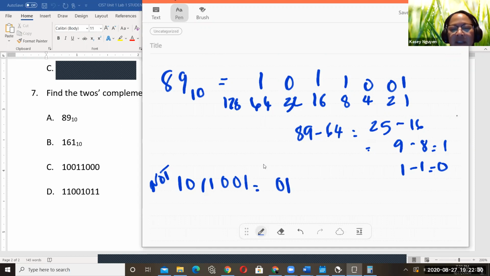So when it's off, it's going to turn it on. Then the 1 becomes the 0, and the 1 becomes the 0, and the 0 becomes the 1, 0 becomes the 1, and the 1 becomes the 0. This is what we call the first complement.